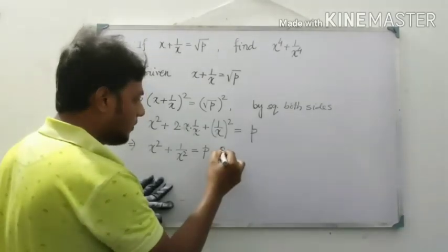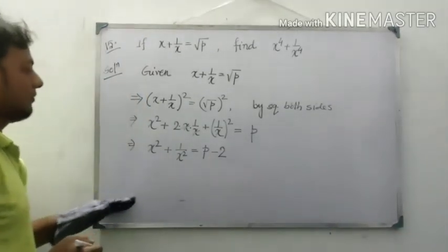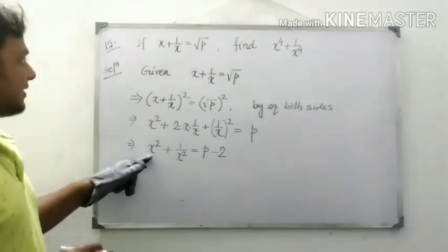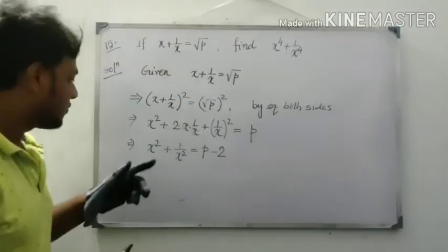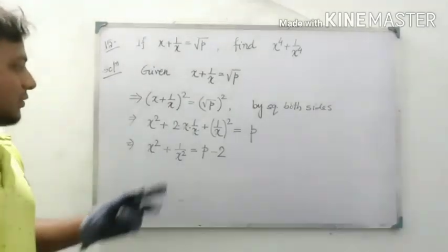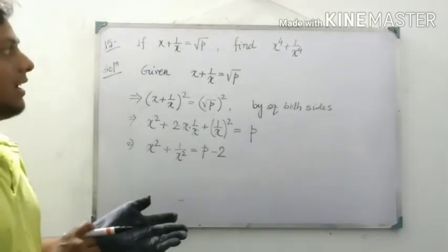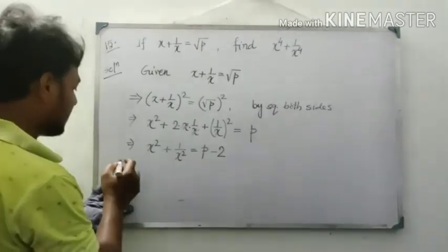So now we have increased the power of x. See, x plus 1 by x was there, but now the power becomes 2. If we again square both sides, then we will get the answer. So again squaring both sides.